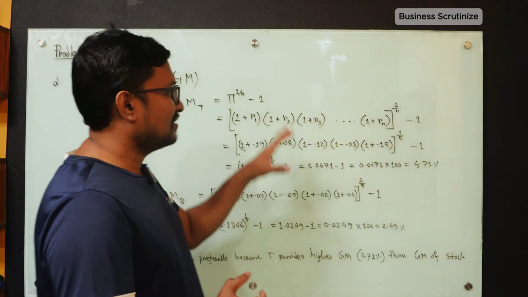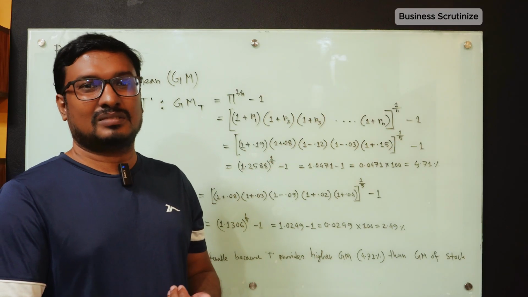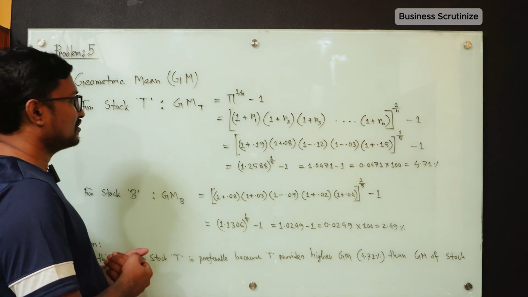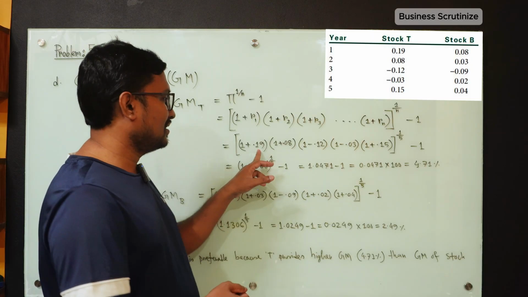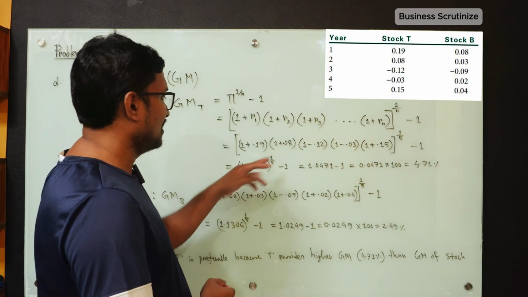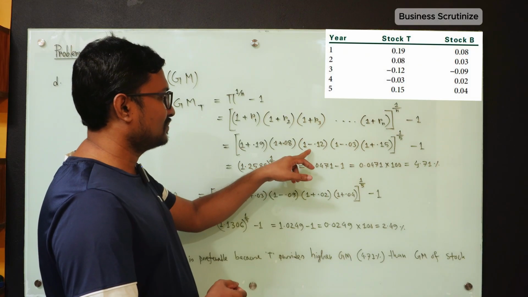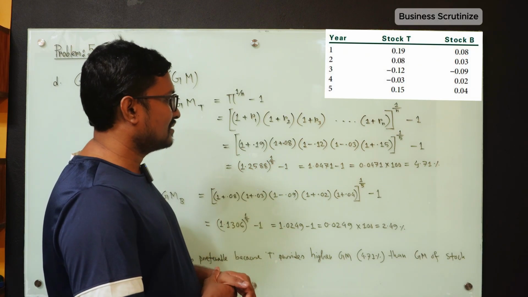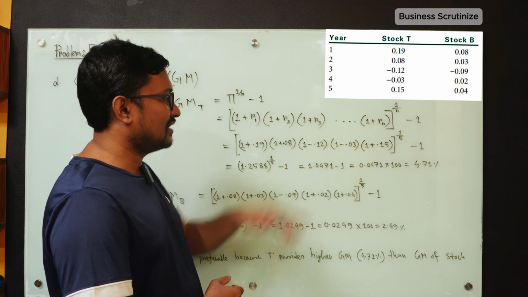So this is the basic formula that we have to follow while making the measurement of geometric mean. For stock T, the first year return is 0.19, as you have seen in the problem, and the second year it is 1 plus 0.08. Then we have a negative return, so it should be 1 minus 0.12.